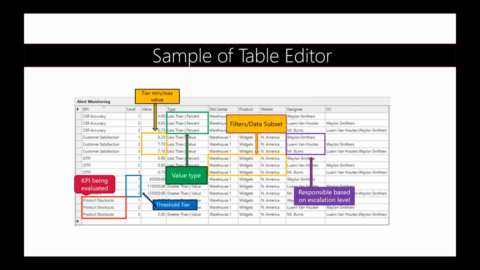And then lastly, who's the person that's going to be responsible based on the level of the threshold that you're tripping. So in this example here in the purple, we've got Waylon Smithers, who is responsible for the customer satisfaction level for Warehouse 1 dealing with widgets in North America. If it goes beyond that to the next threshold level, then Van Houten gets involved and Waylon Smithers stays on copy.